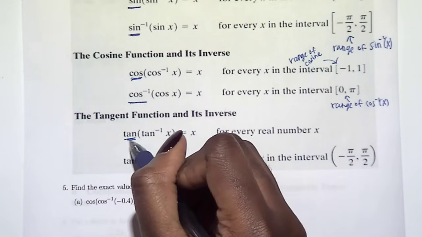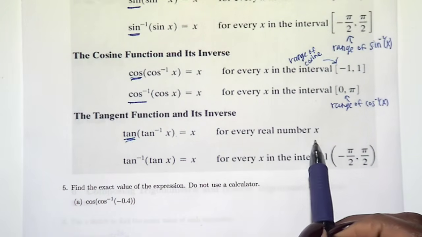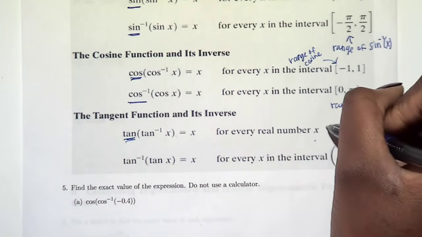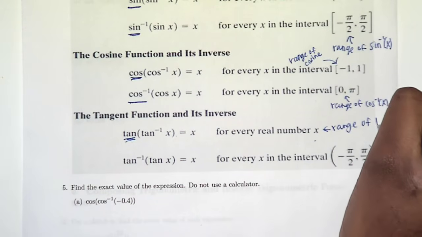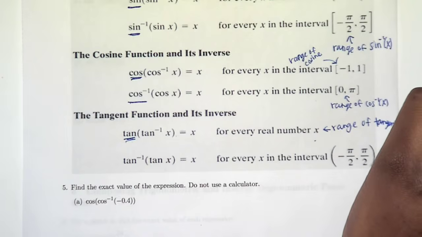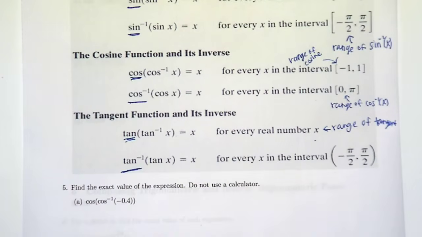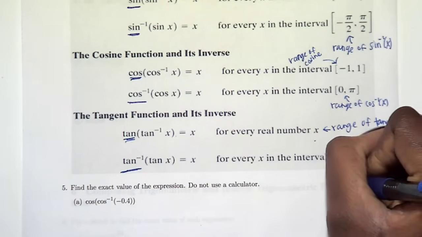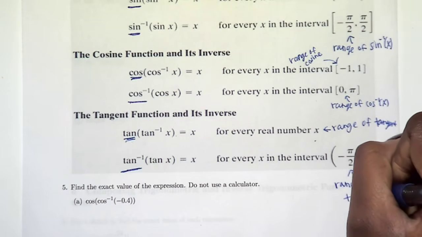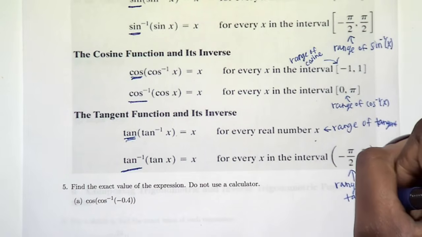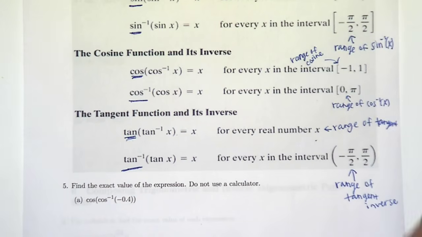All right, tangent is on the outside. Remember, the range of tangent is all real numbers, negative infinity to positive infinity. So this is the range of tangent. And here, the outside is tangent inverse, so this is the range of tangent inverse. And so I'll show you how we use these to solve problems.